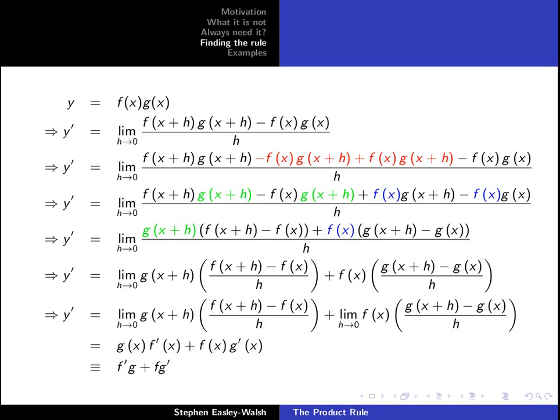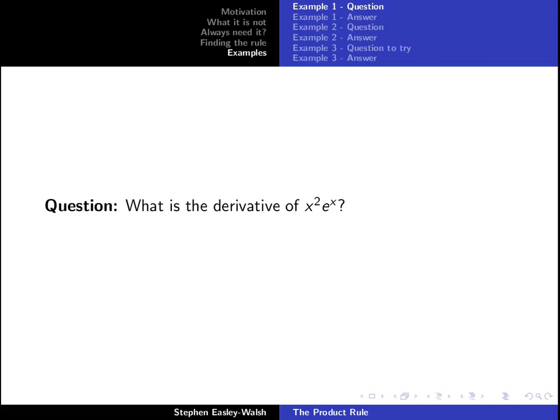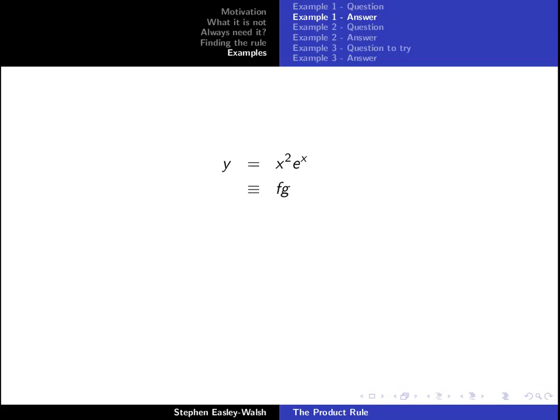Let's look at an example using this rule. What is the derivative of x squared times e^x? Well, y equal to x squared times e^x is of the form f times g. And applying our rule, it should be the derivative of the first function, keeping the second function the same, plus the first function times the derivative of the second function.